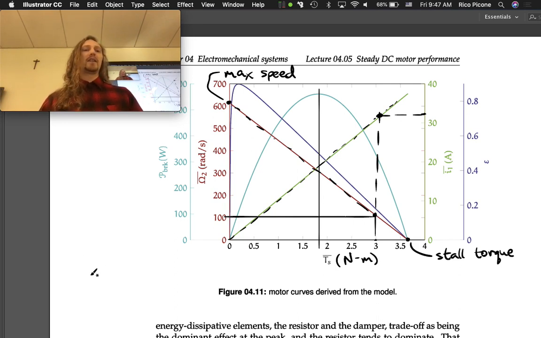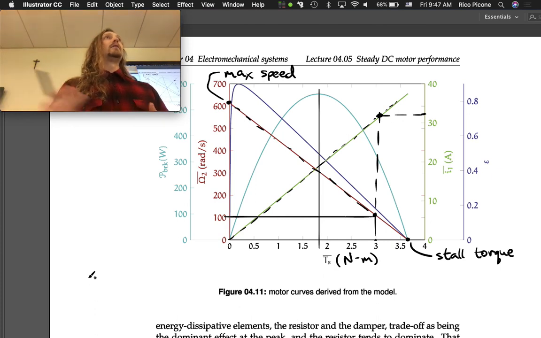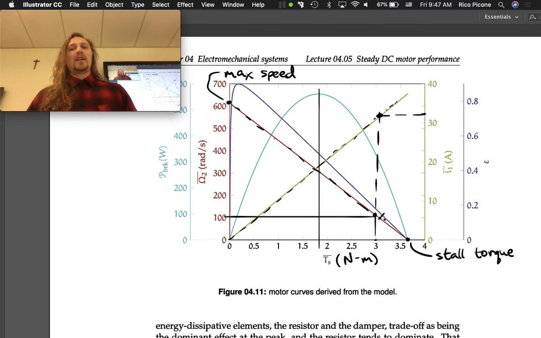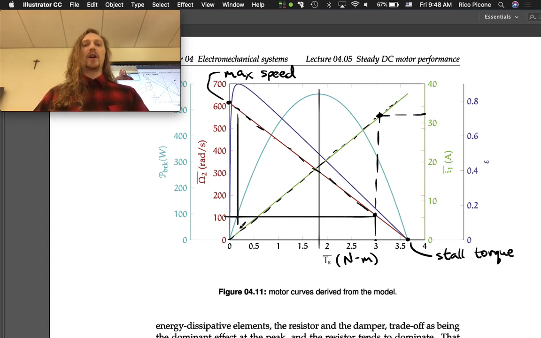In fact, the angular velocity is directly proportional to the amount of heat that's going to be generated. So when you're up here, you're running a lot of current, so the I squared R power is going to be dominant. And you're on the other end where you're going at high speeds and low torque and low current, right?